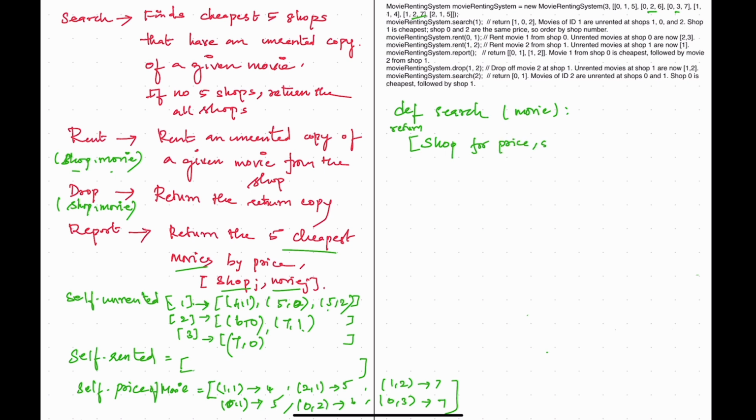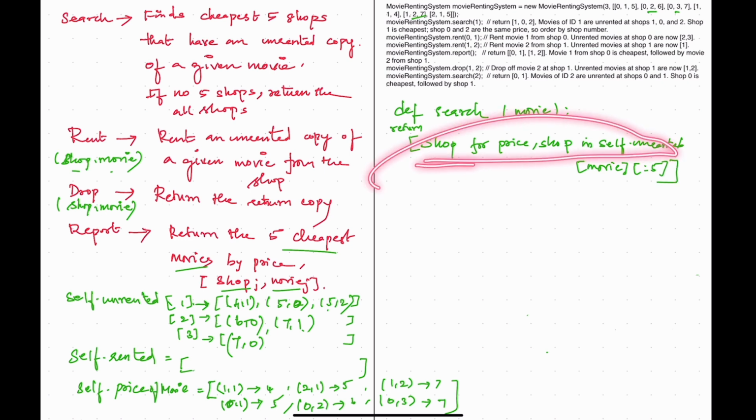So what we are going to return is the list of shops. From the list we get price and shop for any movie. In self.unrented, for the list of that movie, you have to pass the movie, and take at most 5. By then you will be returning the first 5 cheapest shops.